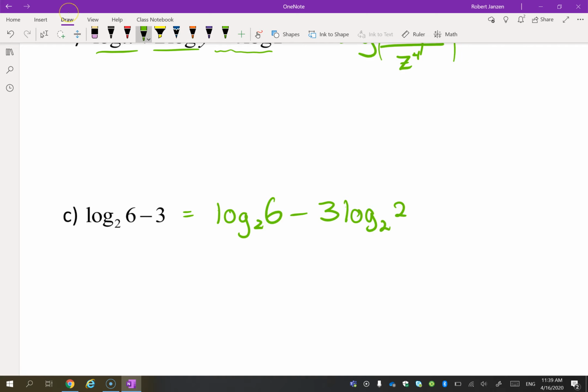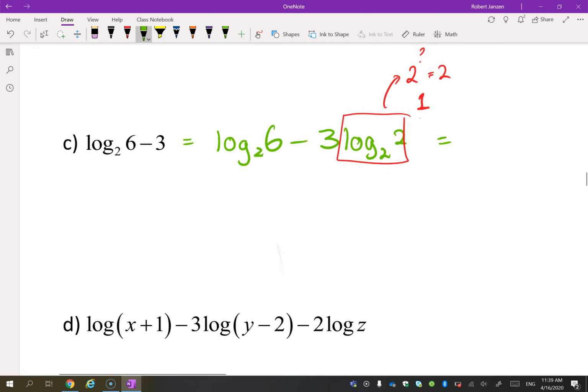Why did I write that? What does this equal? Well, this is saying 2 to what power is 2? Well, it's 1. So what I've done here is I've gone 3 times 1. What's 3 times 1? It's still 3. I haven't changed this question at all, it just looks different.